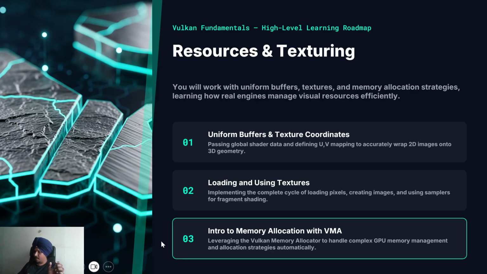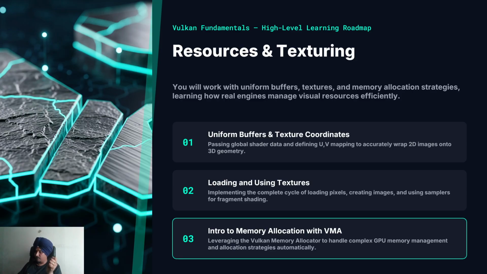Now finally we will also look at VMA, which is the Vulkan Memory Allocator. What a memory allocator does is give you good control over how the memory is managed. VMA is a library that helps you control your memory.